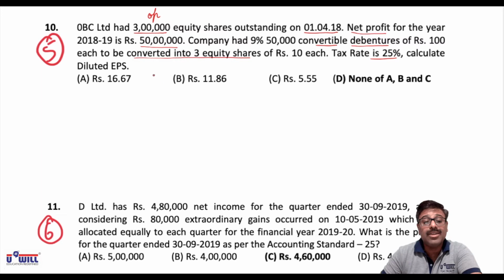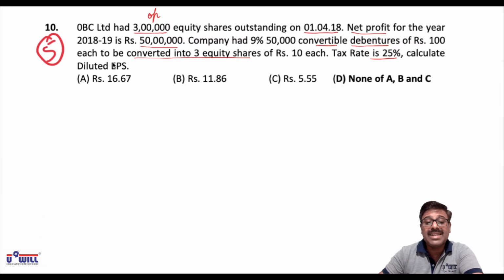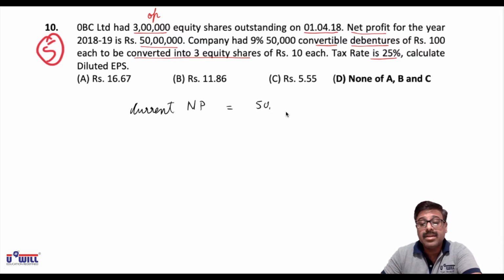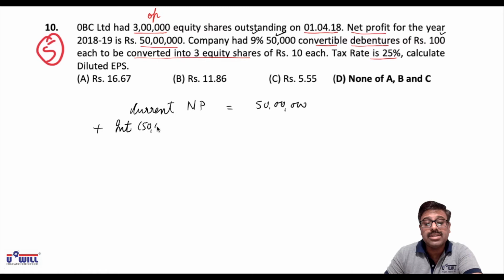Here we are making rough calculations only, so proper formats etc. are not required. Current net profits are 50 lakhs. In that we will add interest on debentures and we'll minus the tax. 50 lakhs plus interest on debentures, which would be 50,000 debentures into 100, that is 50 lakhs, into 9%.